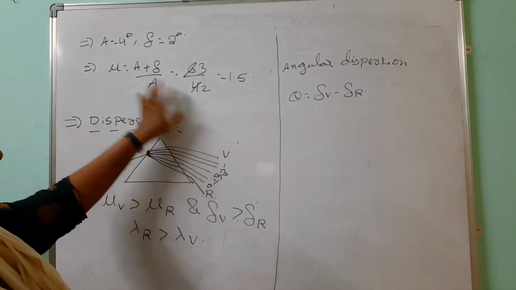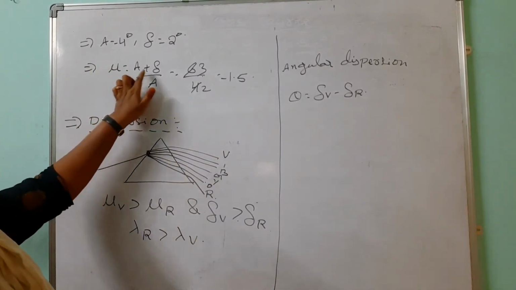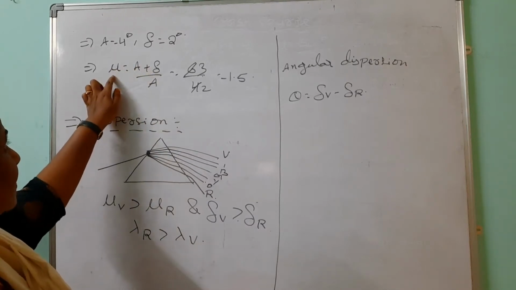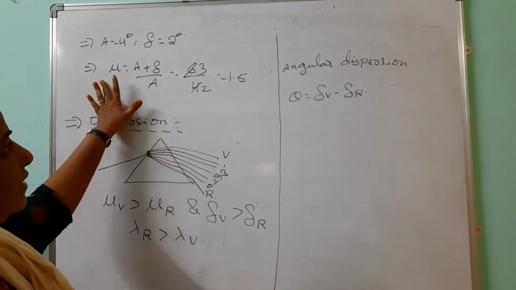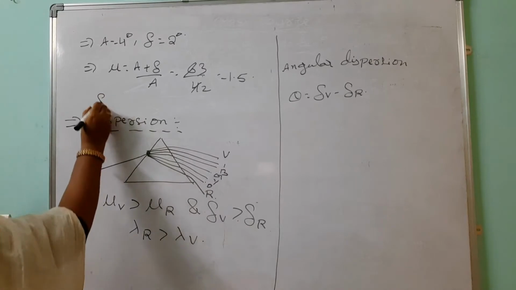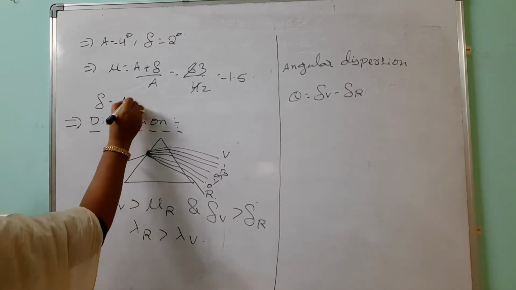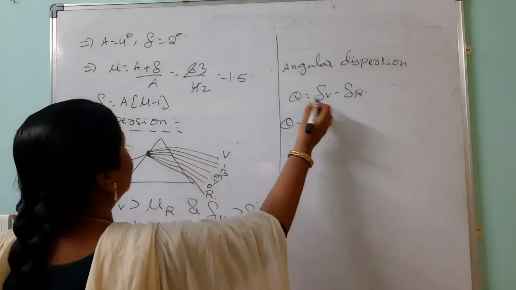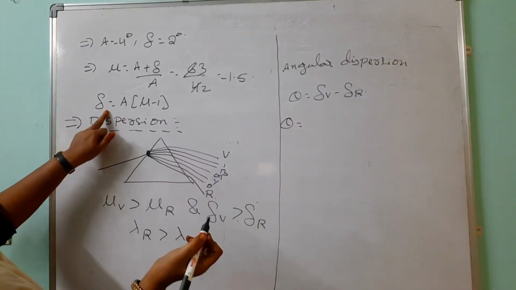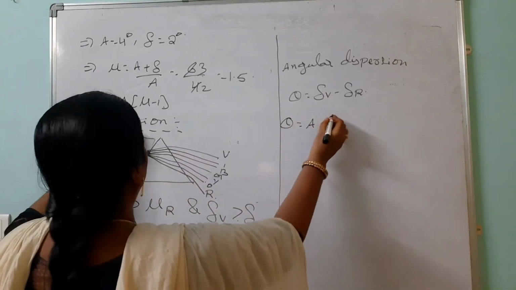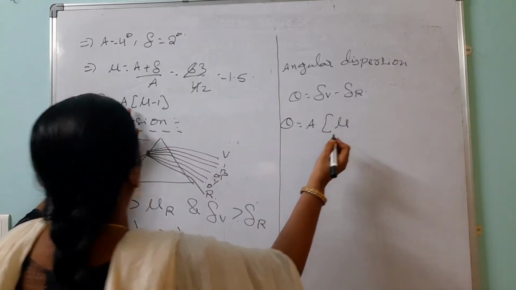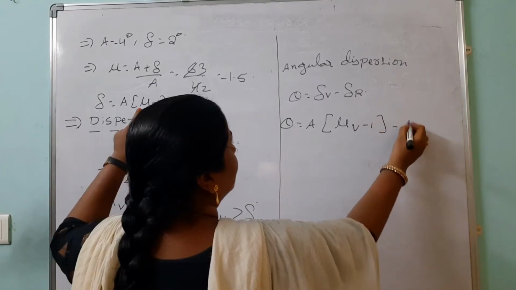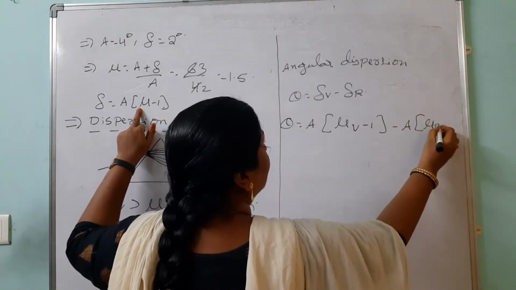Then from this expression, you know that mu equals a plus delta by a. In terms of the refractive index and angle of the prism also we can find it. See here, delta equals a into mu minus 1. Then instead of delta V, the deviation of the violet color, a into mu V minus 1, minus a into mu R minus 1.